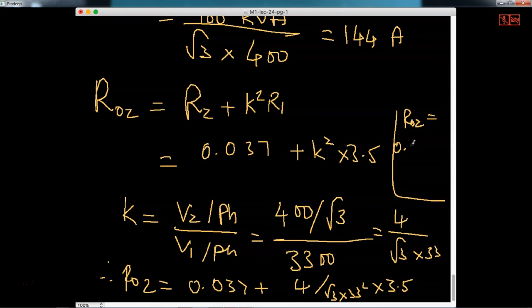So now I have everything to calculate the copper loss. Let me go to a new page.